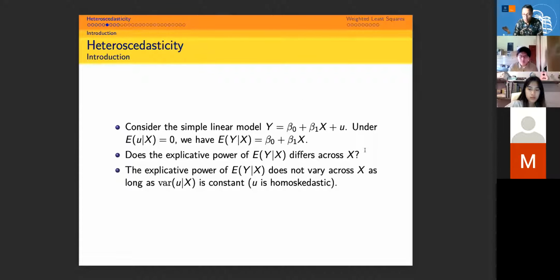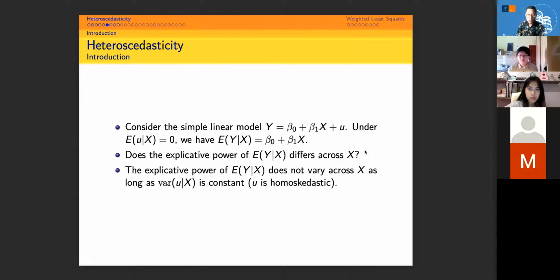Okay, so now I'm going to focus on the homoscedasticity assumption and identify what the challenges and consequences are if we relax it. If we relax the homoscedasticity assumption, this means that the data is heteroskedastic. That's going to be the focus of our discussion.